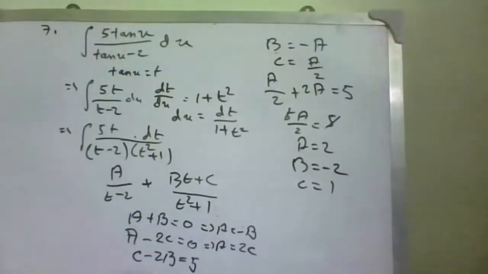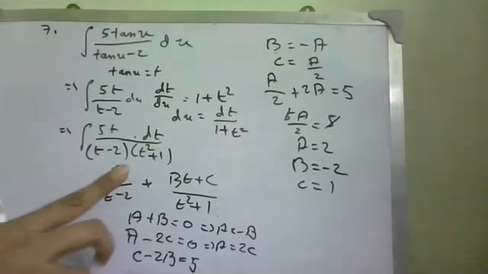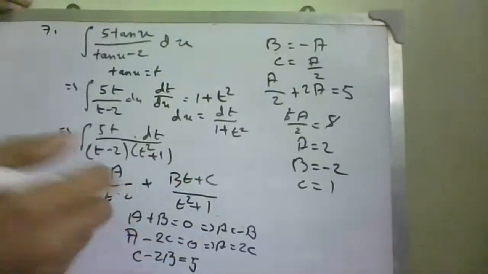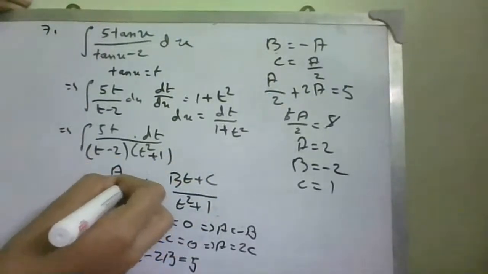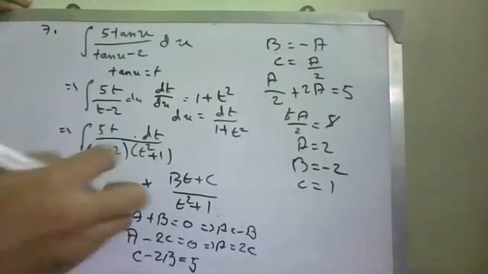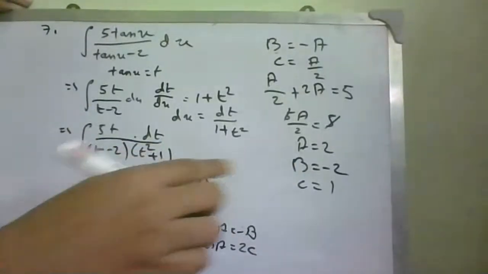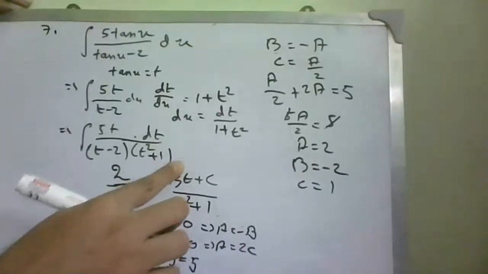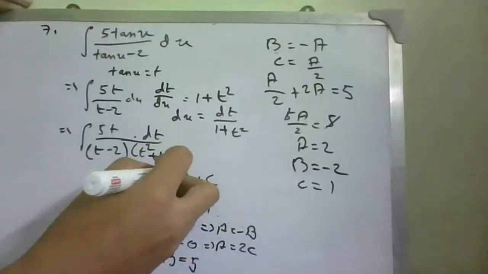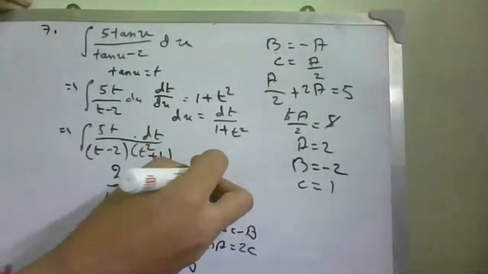Now we can pretty much do everything because we know what the terms in this particular partial fraction are. Okay, so this is t minus 2. Instead of a, we will plug in 2. Instead of b, we'll plug in minus 2. And instead of c, we'll plug in 1.